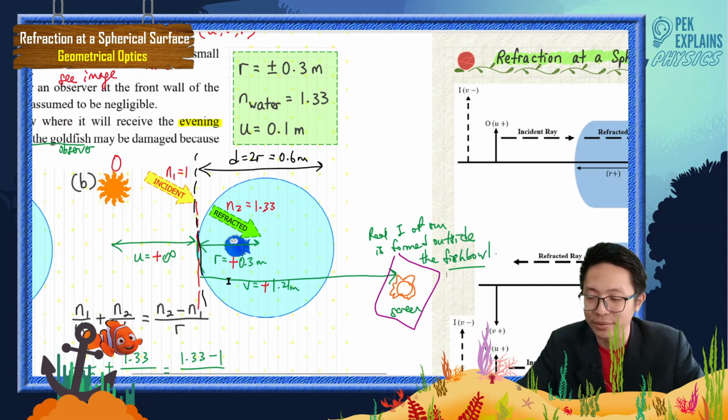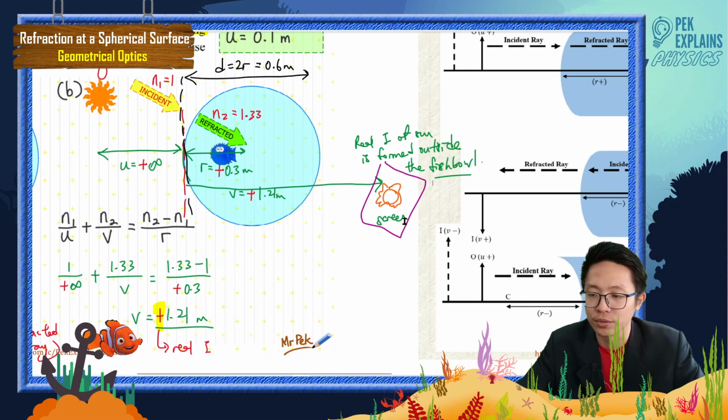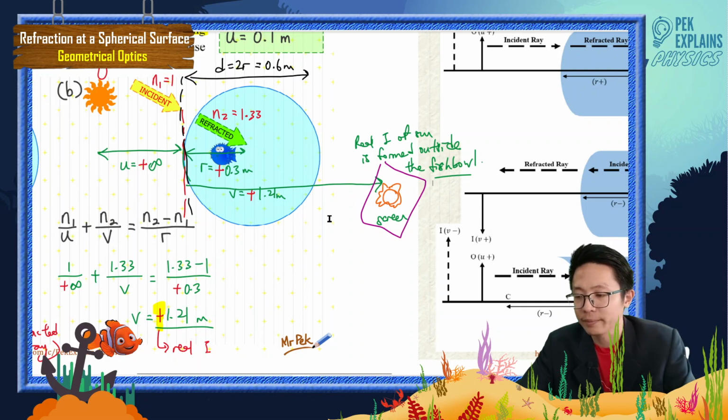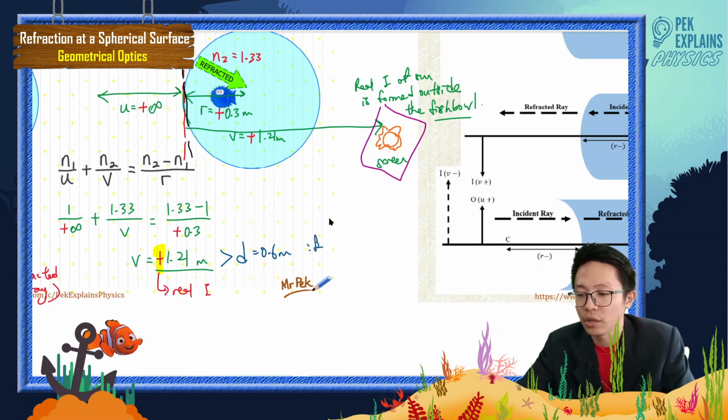Understand that? The sun you can catch on a screen outside the fishbowl. So we can say this v is bigger than the diameter, which is 0.6 meter. So the fish is safe.